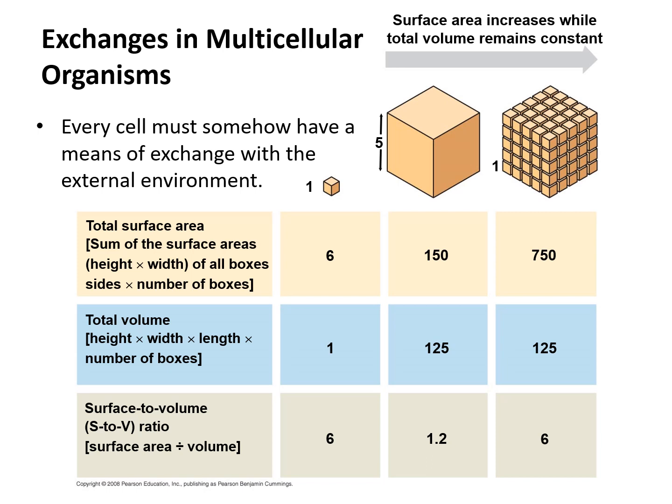The total volume is going to be 5 by 5 by 5. That gives us a value of 125 centimeters cubed. Now, if we figure out the surface to volume ratio now, we get a value of 1.2. It's much lower than what we had for the smaller cube.